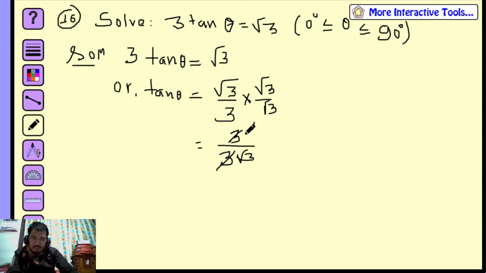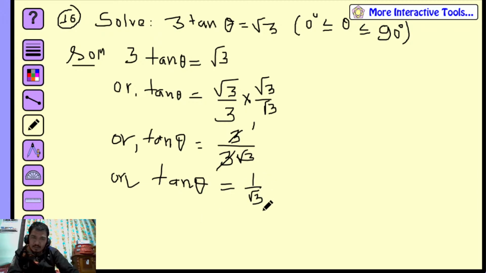We have solved like this to bring this in standard angle. Tan theta equals to 1 by root 3 only, and 1 by root 3 is the value of tan 30 degree.